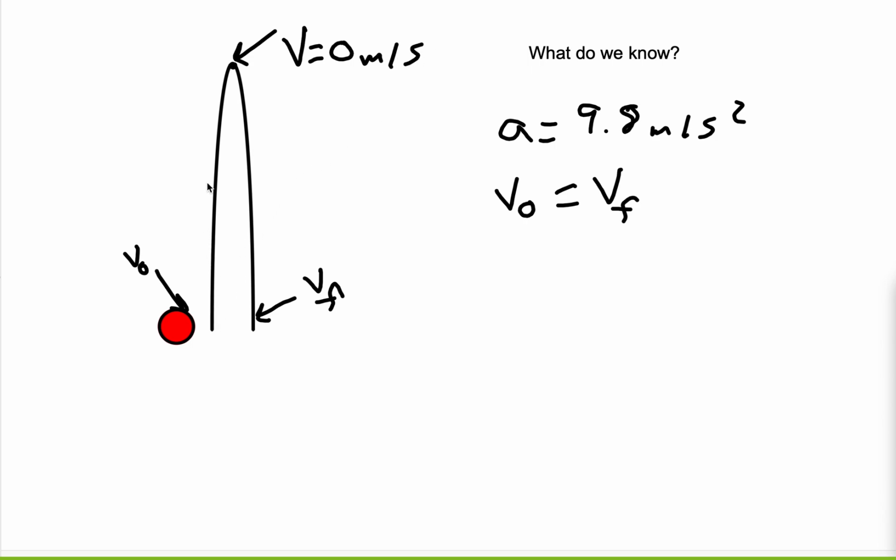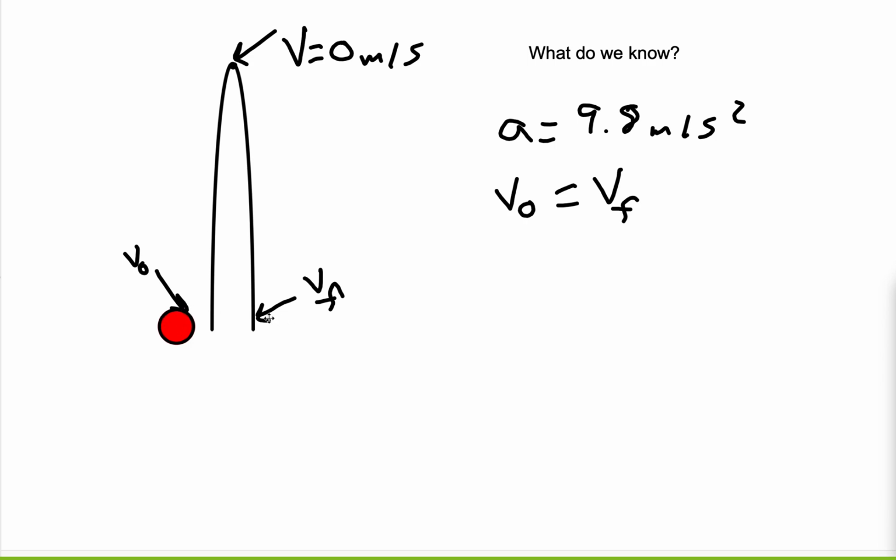So for one brief moment in time, when the ball hits the topmost point that it's going to get to, it's actually not moving. It's frozen for an instant. Then it starts falling again. Hopefully that makes sense, because as it goes up, it's getting slower till it stops. Then it's getting faster till it hits the ground. So at that point, the velocity is going to be zero.